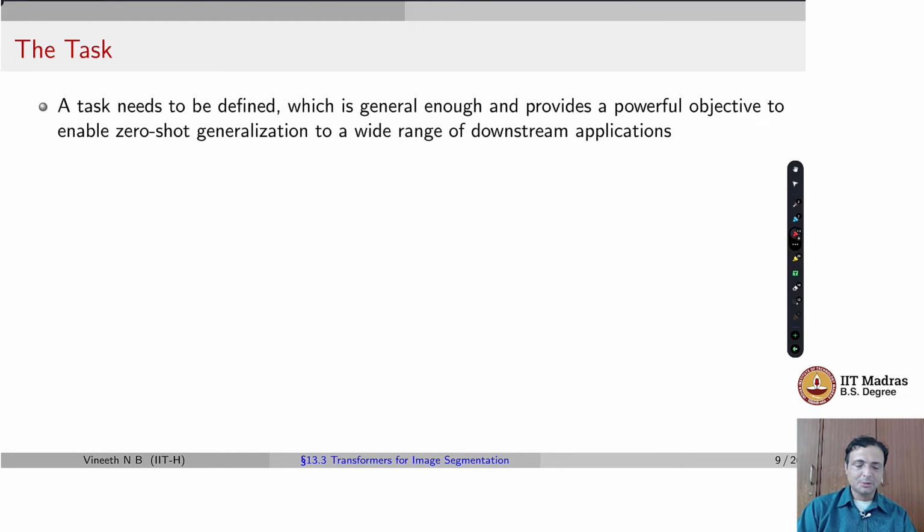So from a task perspective, they wanted to define a task in such a way that if their model was trained on that task, it could then be used for many other tasks. And what is the task they chose?